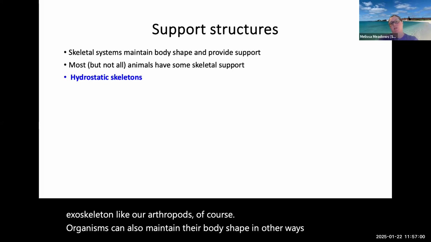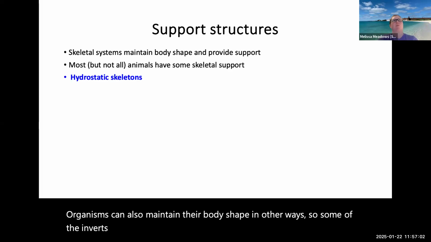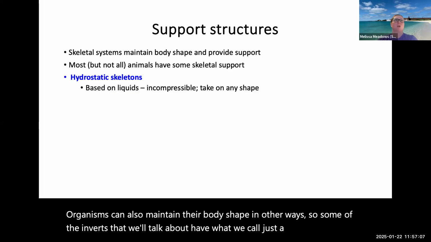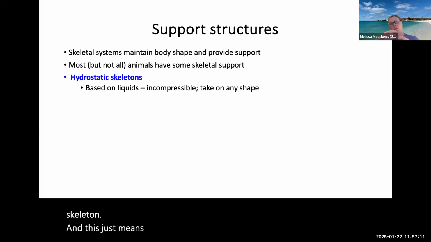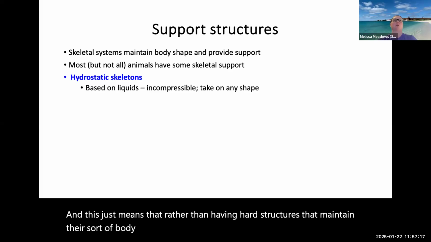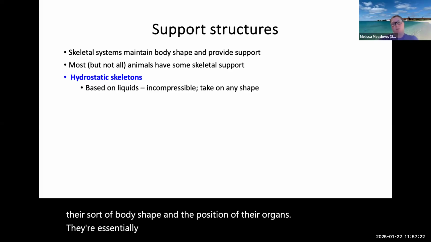So some of the inverts that we'll talk about have what we call just a hydrostatic skeleton. And this just means that rather than having hard structures that maintain their body shape and the position of their organs, they're essentially relying on the pressure of the liquid inside their bodies.